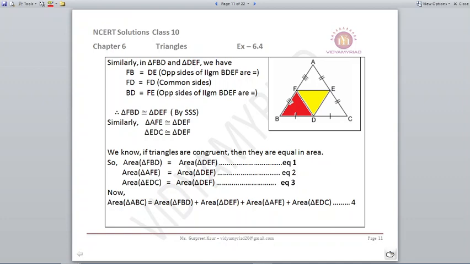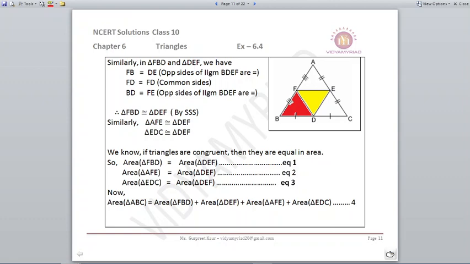FD is common and BD is equal to FE. Again, opposite sides of a parallelogram are equal. So by SSS criteria, both the triangles are congruent. Similarly, we can show that triangle AFE is congruent to triangle DEF and triangle EDC is congruent to triangle DEF.